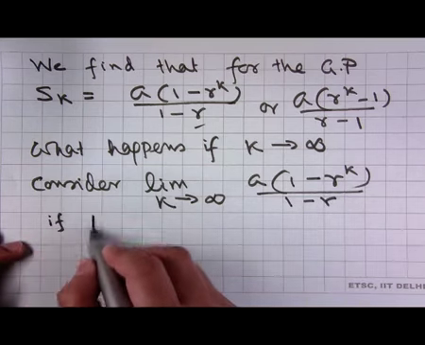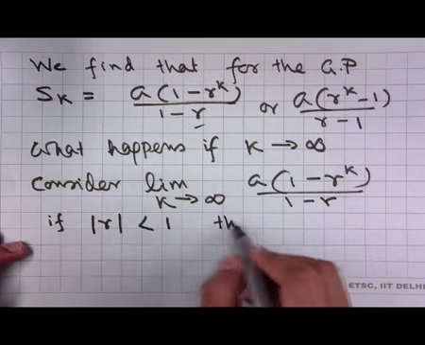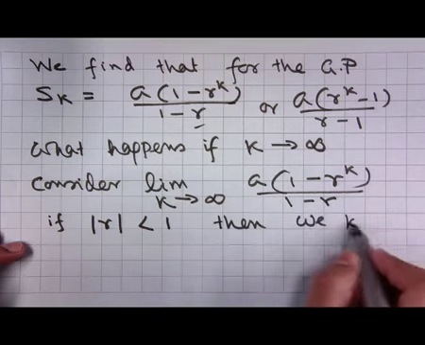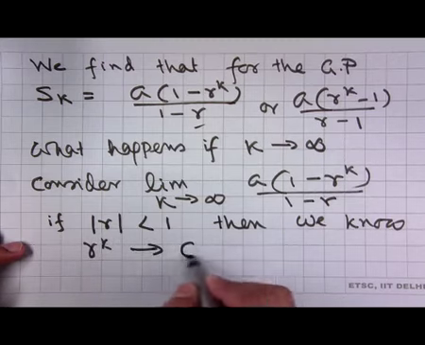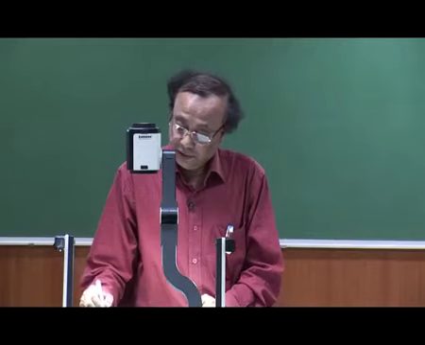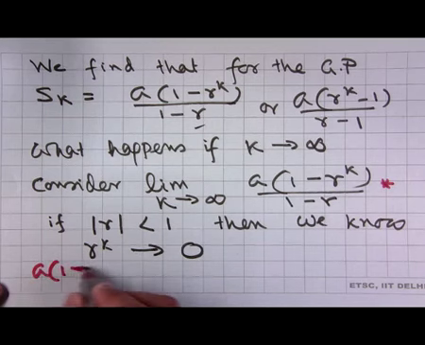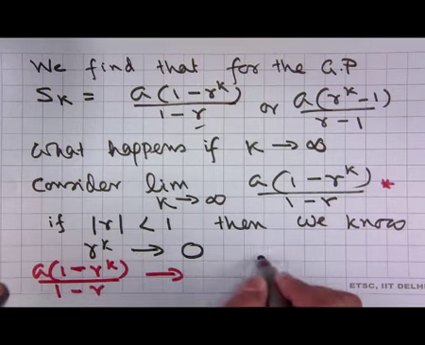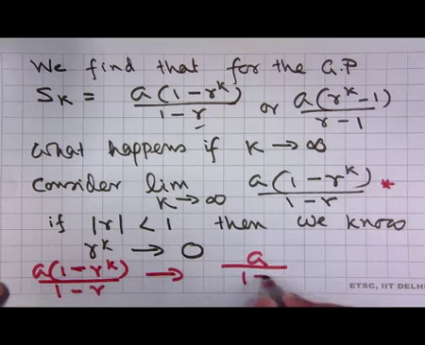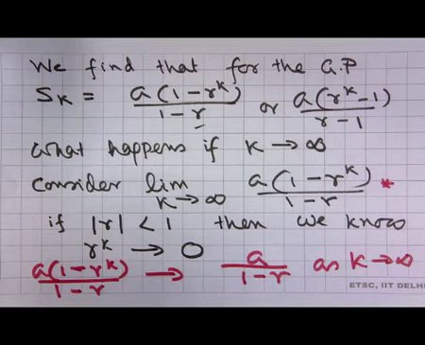If modulus of r is less than 1, then we know r to the power k goes to 0. Therefore, this term as k goes to infinity goes to a upon 1 minus r.